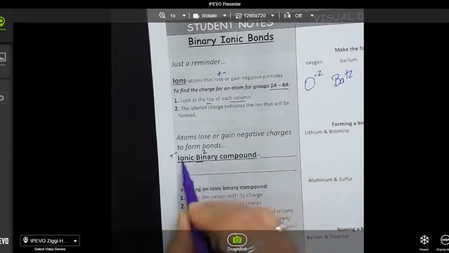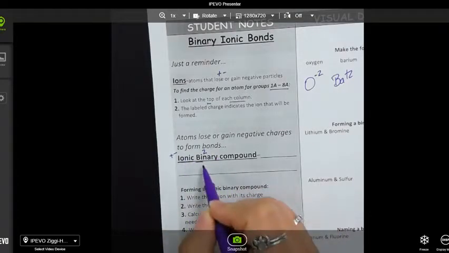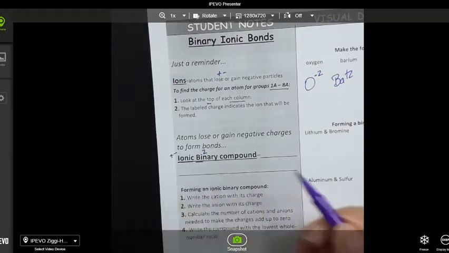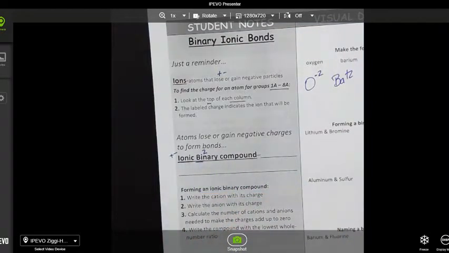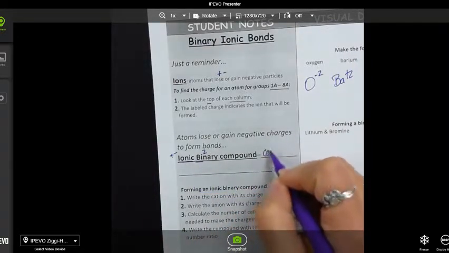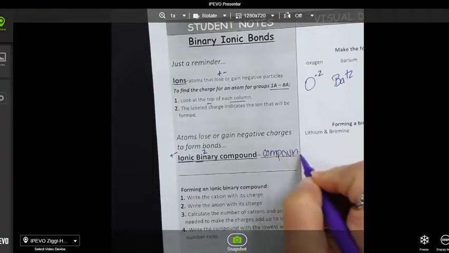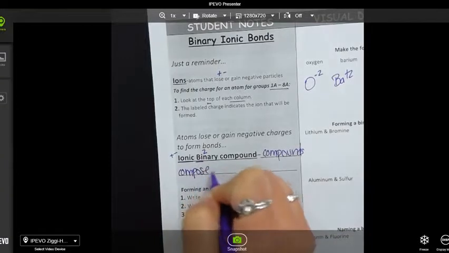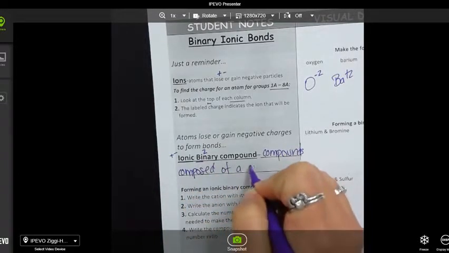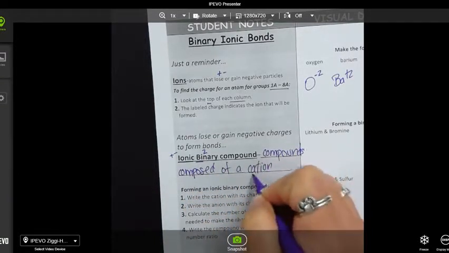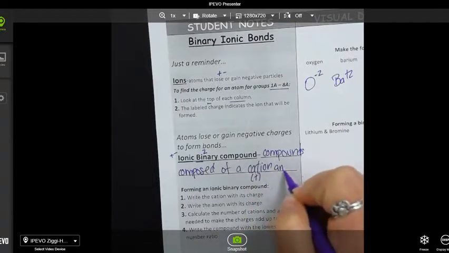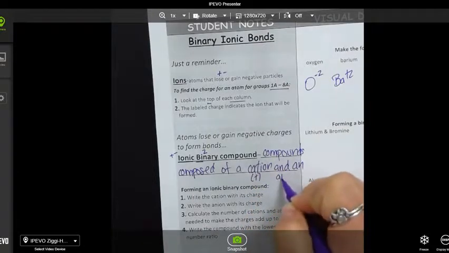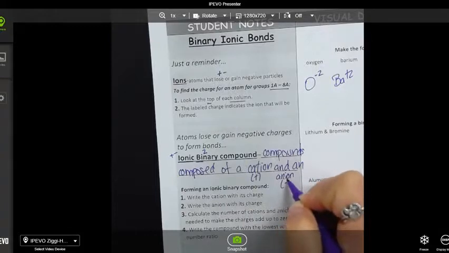So this means we're dealing with two ions in a compound: a compound composed of a cation, which is positive, and an anion, which is negative.